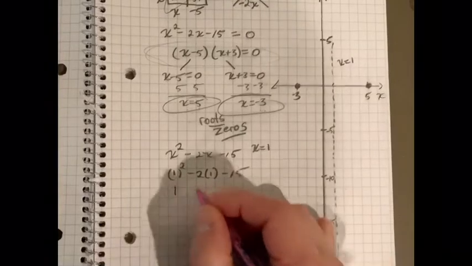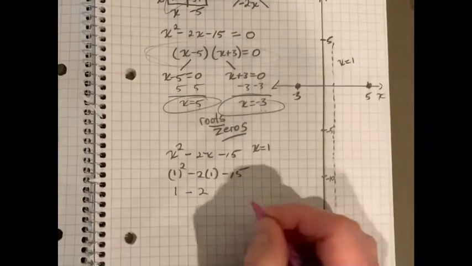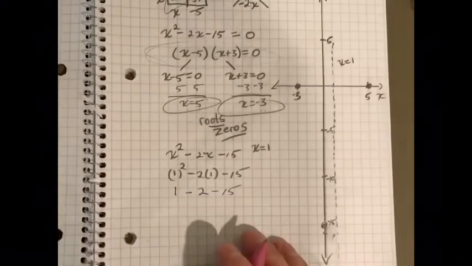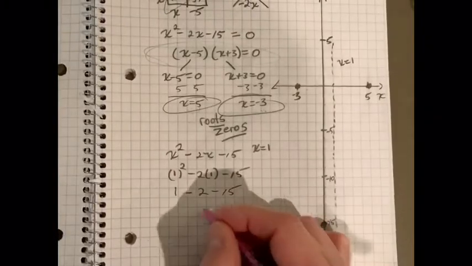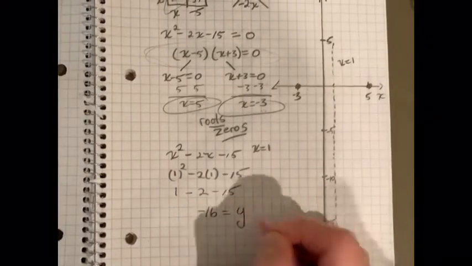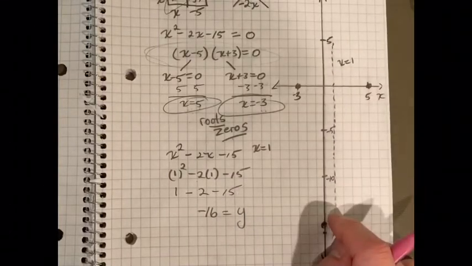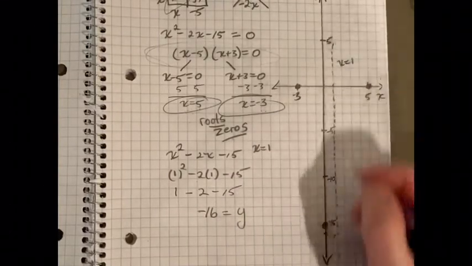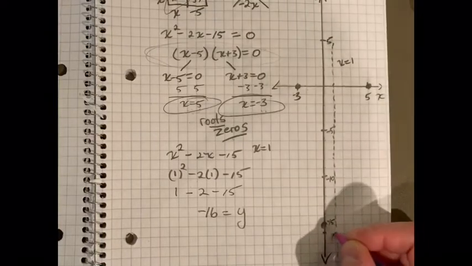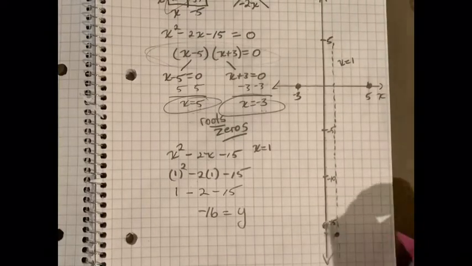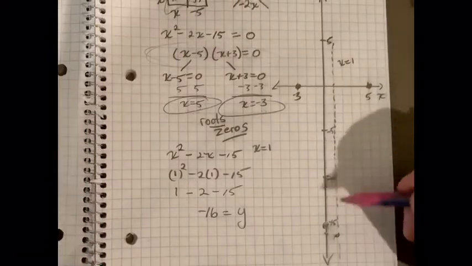Well, 1 squared is 1, 2 times 1 is 2, so 1 minus 2 minus 15. 1 minus 2 is negative 1, minus 15 is negative 16. That means our y is equal to negative 16, so our vertex is at 1, negative 16. And with that, we can draw our parabola.